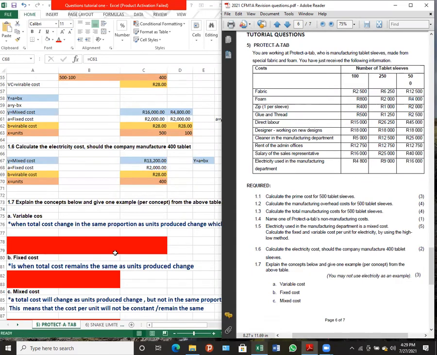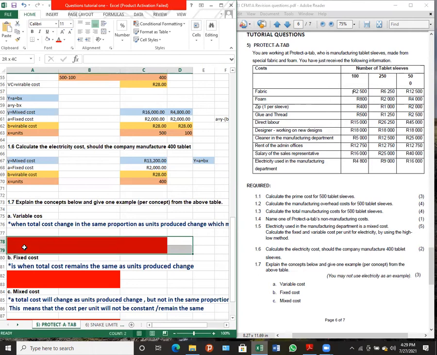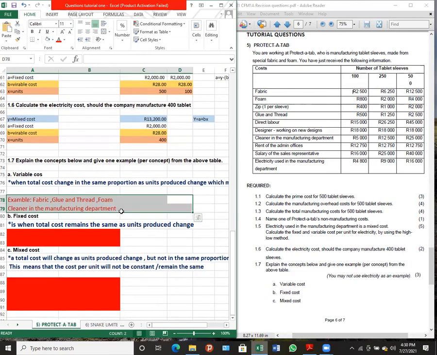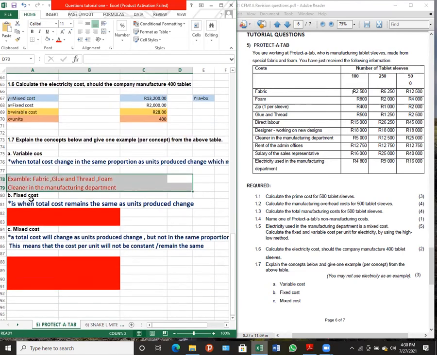Here, guys, are the examples. You can calculate the example by yourself. Fabric is a variable cost, glue is a variable cost, etc. Here, guys, a definition for fixed cost. The explanation for fixed cost is when total cost remains the same as units produced change, guys. The total cost remains the same.